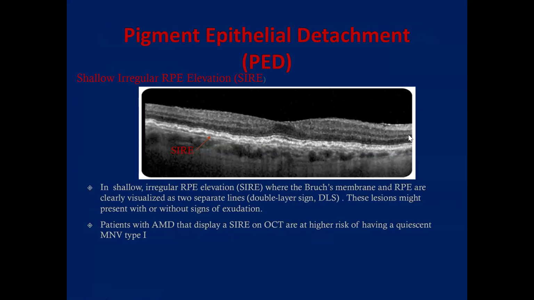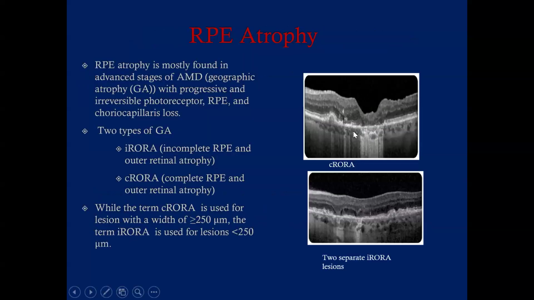A patient can also have atrophic change. So it's a progressive loss of photoreceptors, retinal pigment epithelium, and choriocapillaris. So you will see such hyperreflective or transparent, high transparency, so the choroidal background is visible clearly. Currently, in 2020, there are two types of classification for this, incomplete and complete.